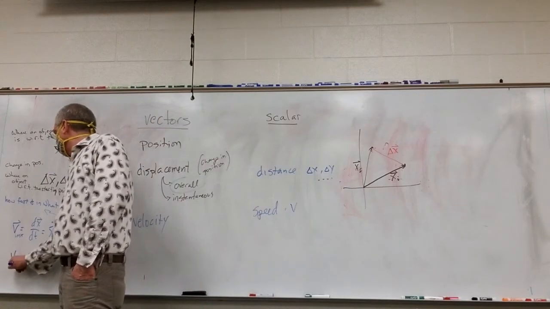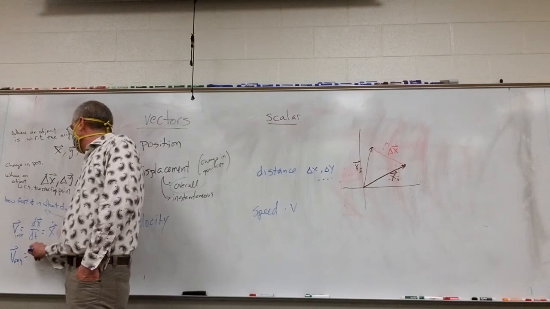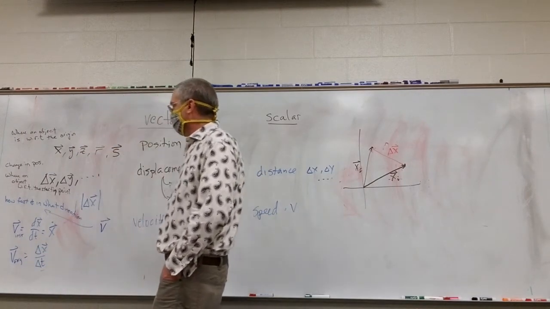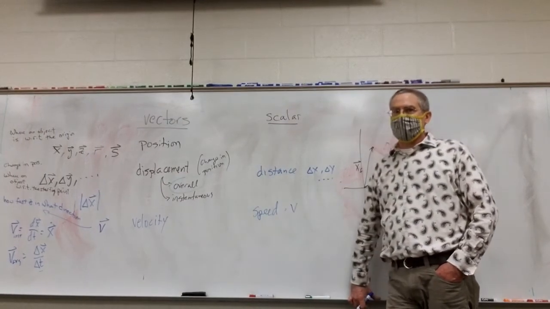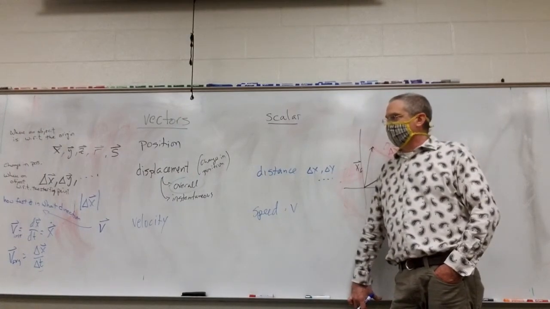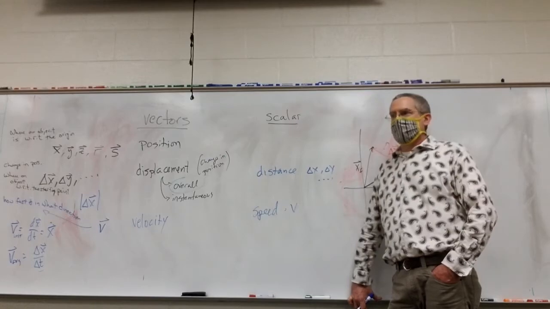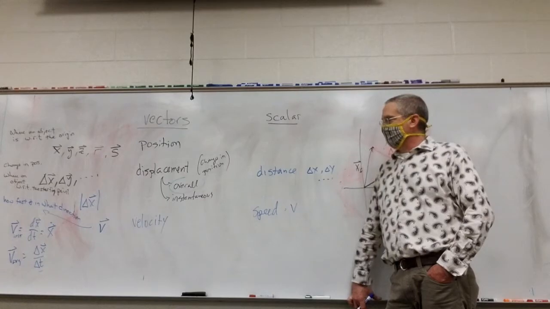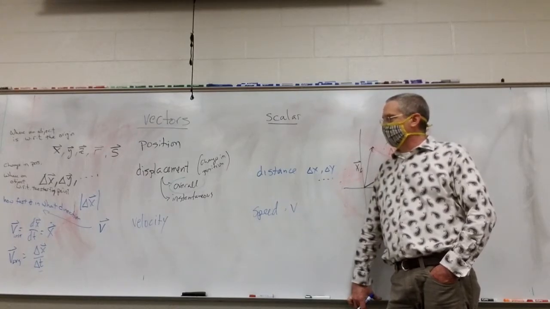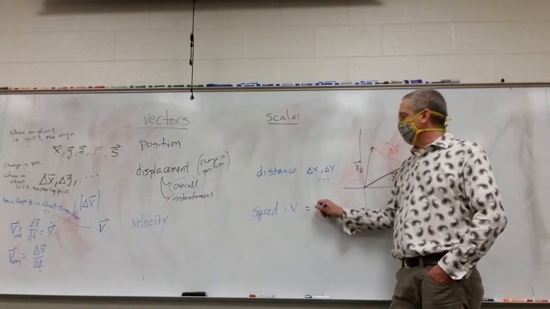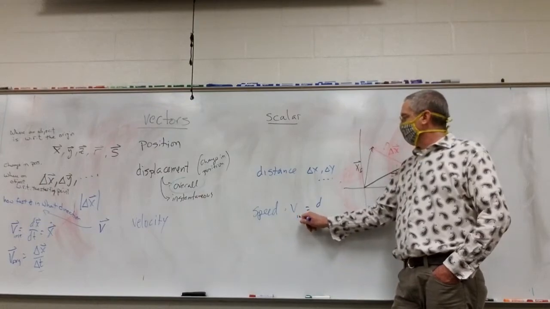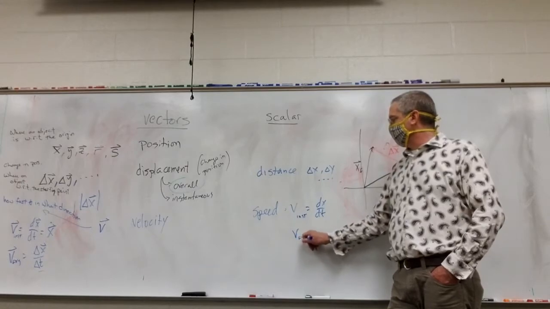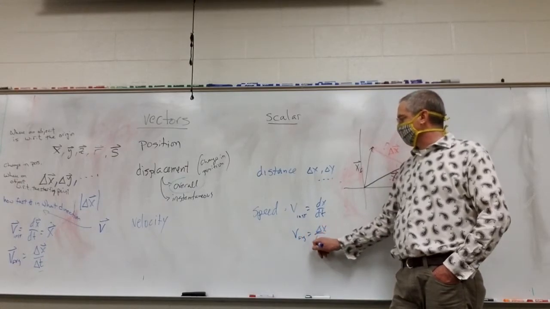And then average velocity is just the change in position over change in time, or displacement divided by however long it took to do it. And so speed, instantaneous, would be dx/dt, and then average is distance over time.